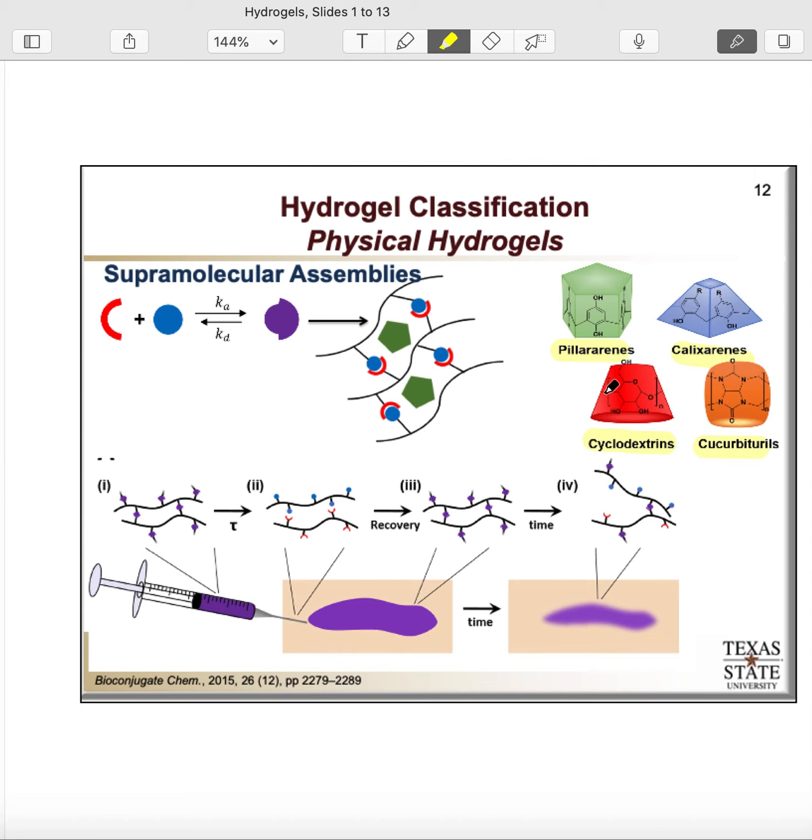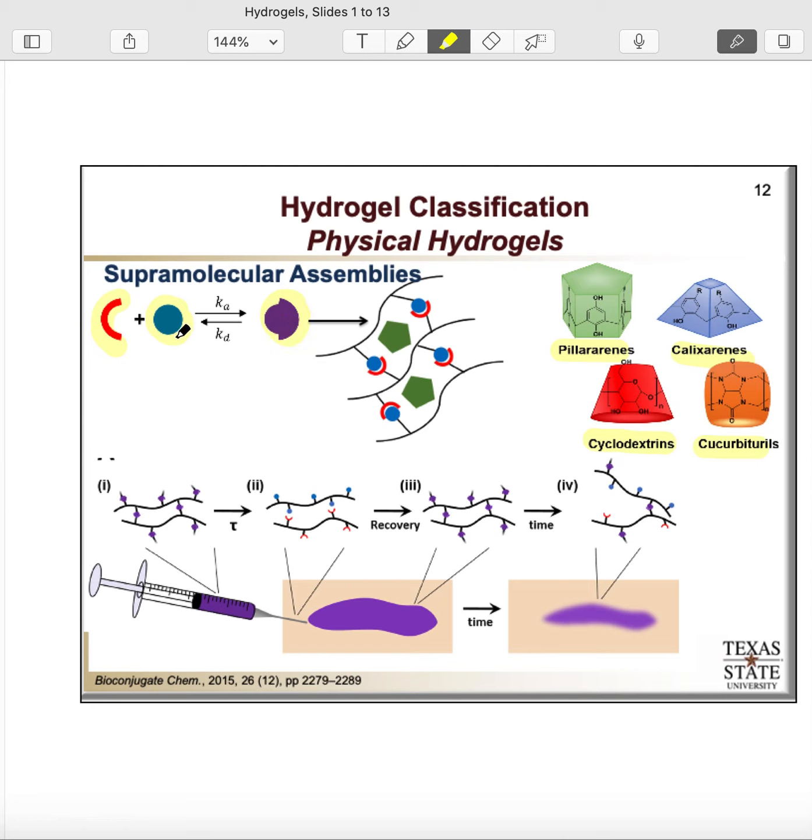So what happens is that these cavity molecules, or cavitants, have the ability to bind to specific molecules, typically through hydrophobic interactions. So you could imagine that I can use my cavitant and the molecule that is able to interact within, and when they come together, they would form this kind of complex.